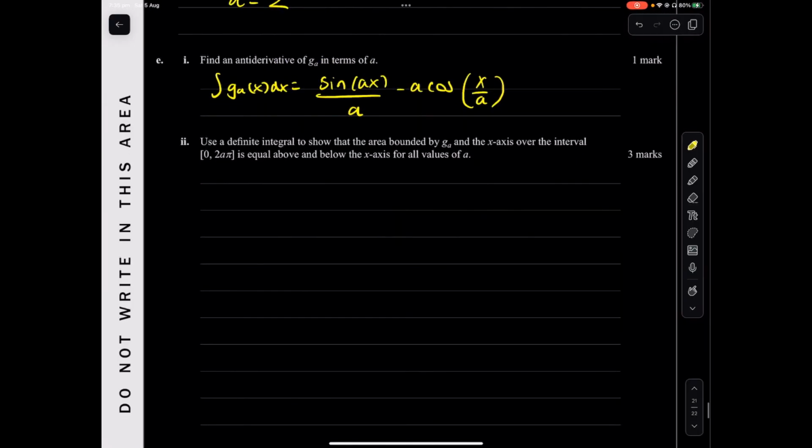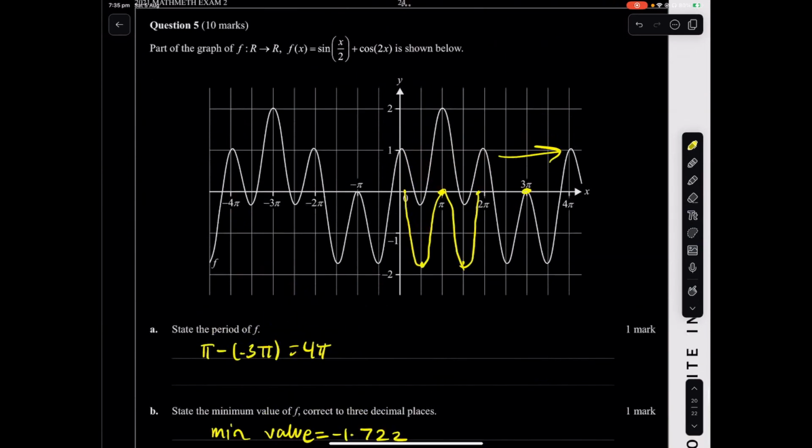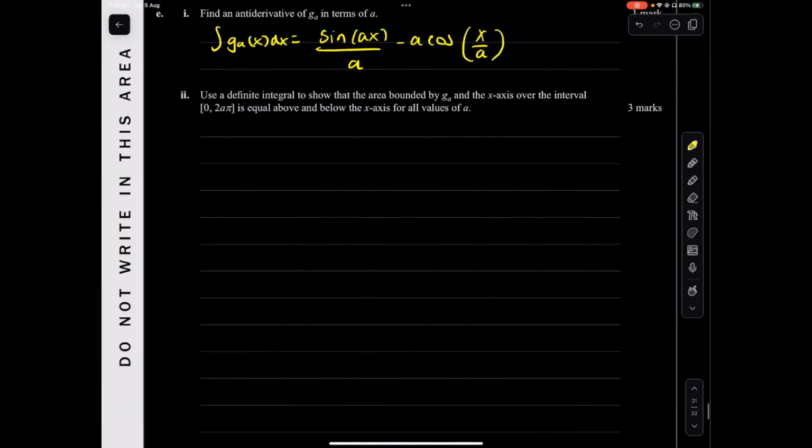Use the definite integral to show that the area bounded by g of a and the x-axis over the interval from 0 to 2a pi is equal above and below the x-axis for all values. If it was equal above and below, the overall area would be 0, because the area above equals the area below.